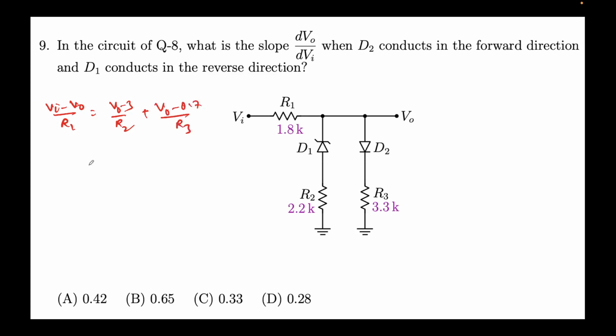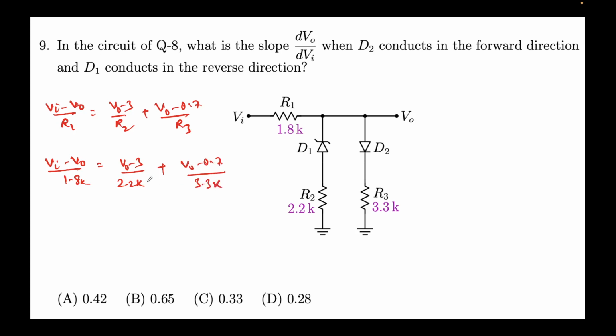Now let's quickly put the values of the resistances. This will come out to be (Vi minus V0) over 1.8 equal to (V0 minus 3) over R2, which is 2.2k, and (V0 minus 0.7) over R3, which is 3.3k.